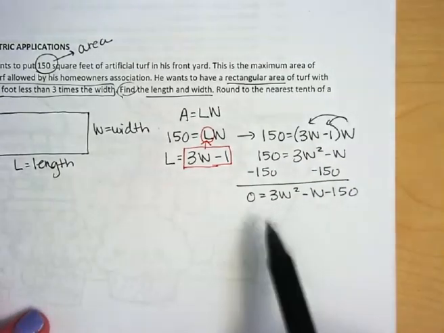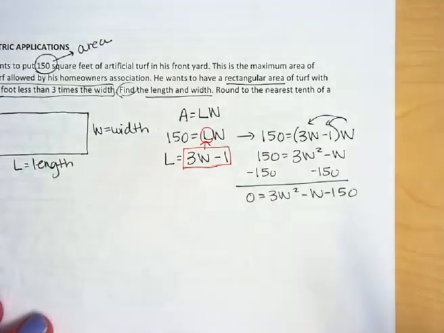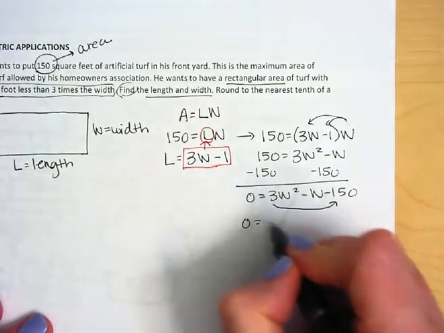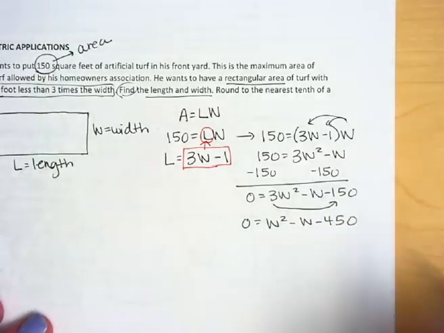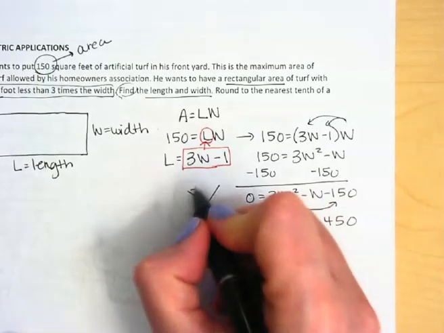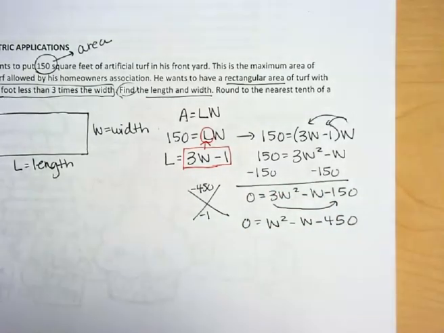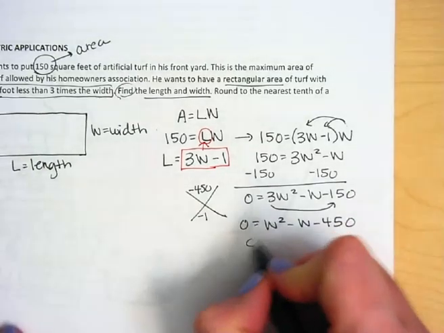So now that this A value up front is a 3, we would probably try slide and divide here. So let me set that up. And then we would ask ourselves what multiplies to negative 450 and adds to negative 1. And after some trial and error, you find that nothing works. So this can't factor.